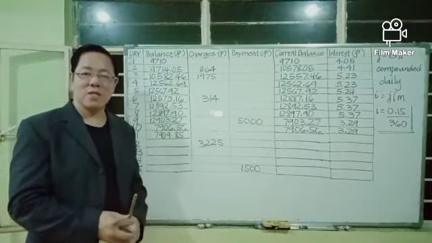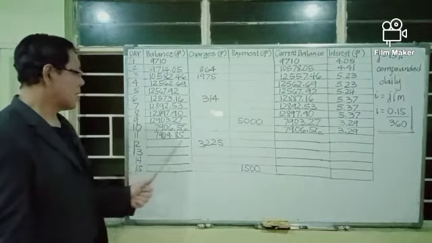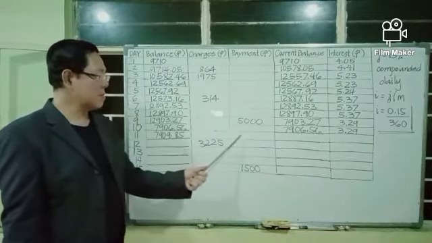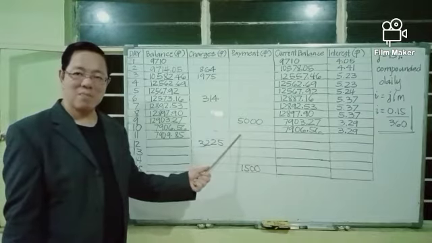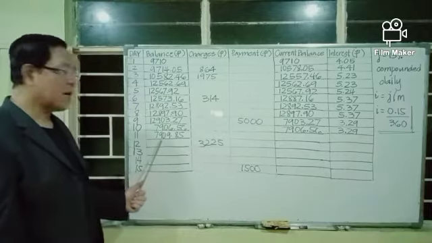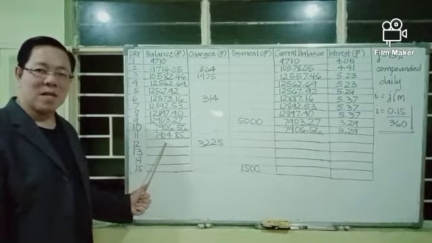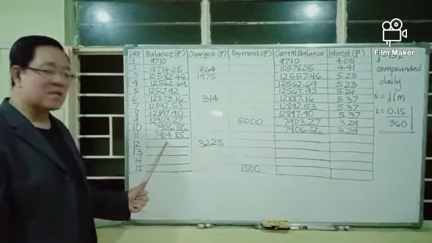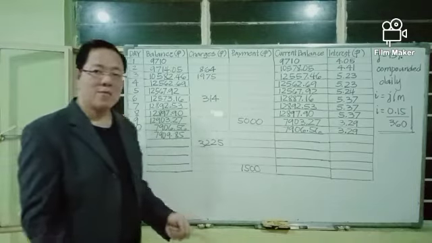Again, there were no transactions made on November 11, no charges on the credit card of Nina, and no payments made by Nina. Thus, at the end of November 11, the balance is the same as the balance at the beginning of November 11, 7,909.85.